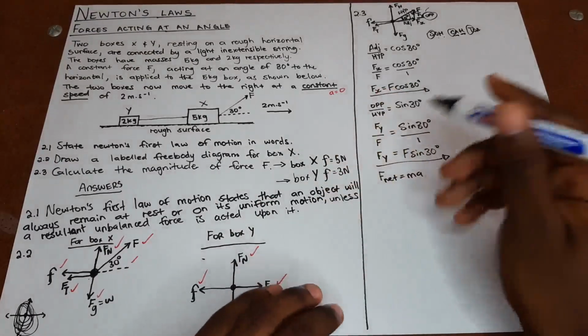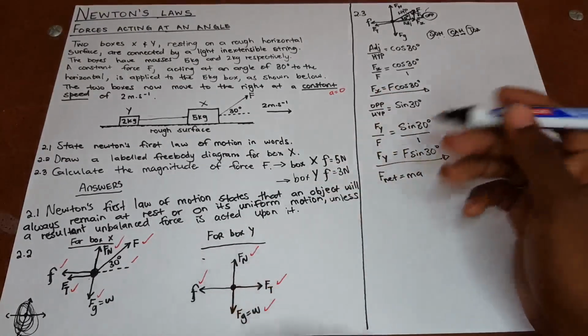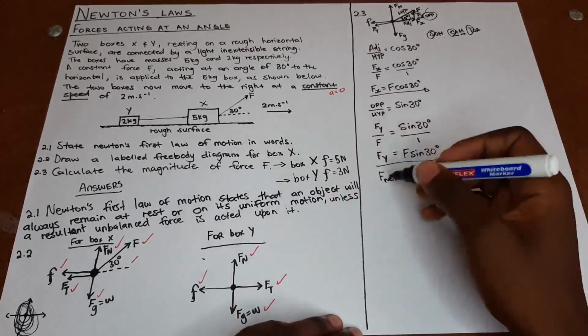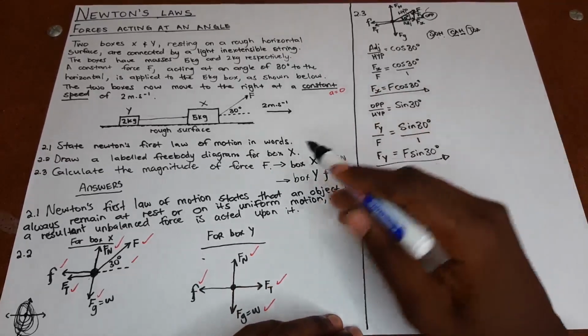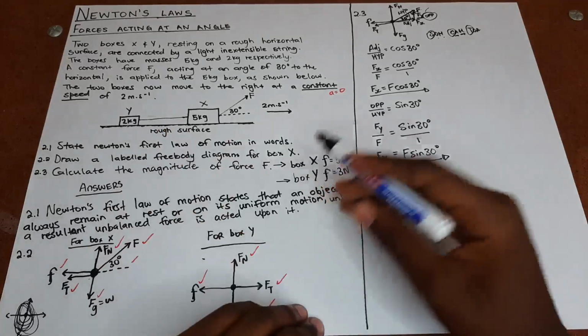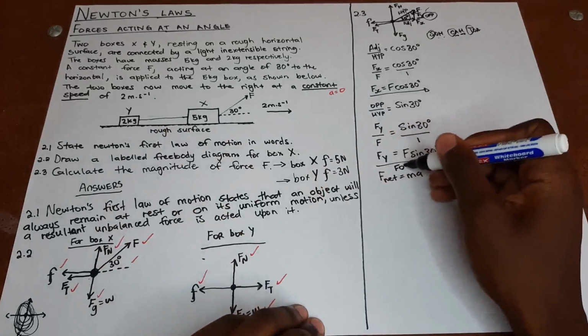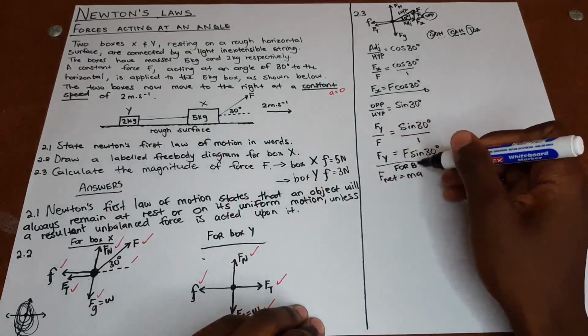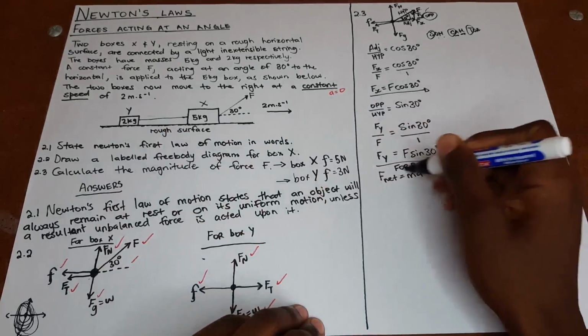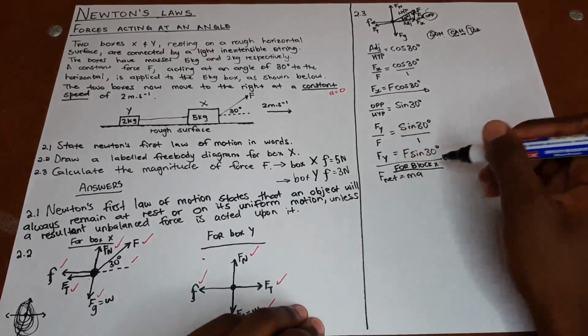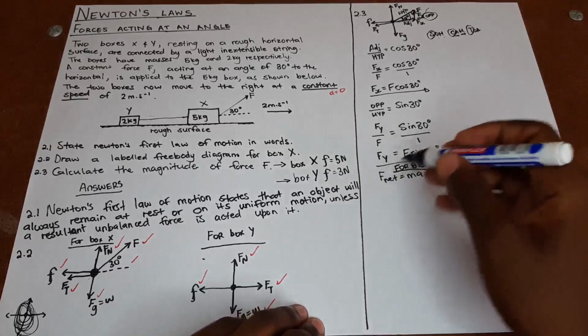Let's regard only the horizontal forces acting on those objects. So for block X, F net equals MA.